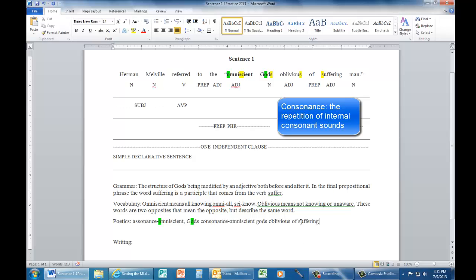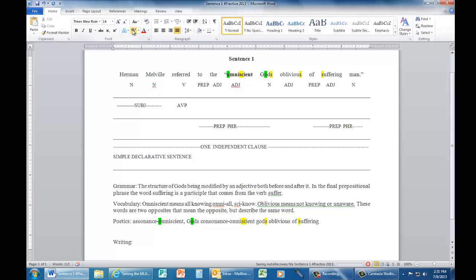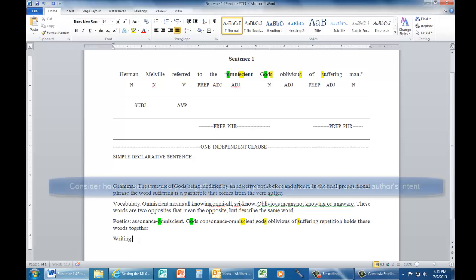And again, I'm going to go back and highlight those just as a reminder to myself of the sound they make. Now, we identified the sound, but we should still ask ourselves what that does for us. And in this case, the repetition holds these words together. All right, one more to go.